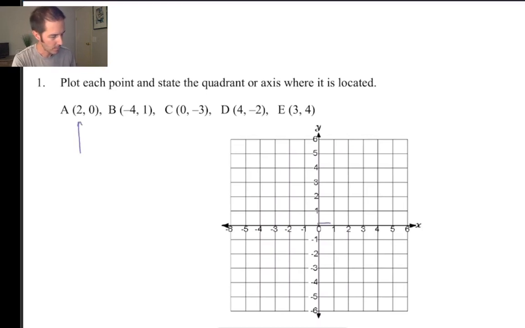Moving 2 units in the positive x direction puts us here, and we're moving 0 units in the y direction. So that's point A. Point B moves us 4 units in the negative x direction, and then this y coordinate here says that we're moving 1 unit in the positive y direction, which moves us up to this point right here.